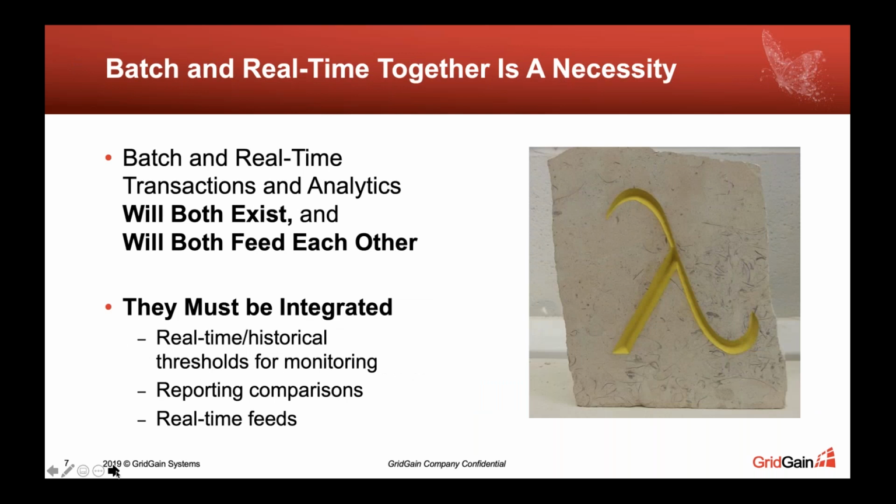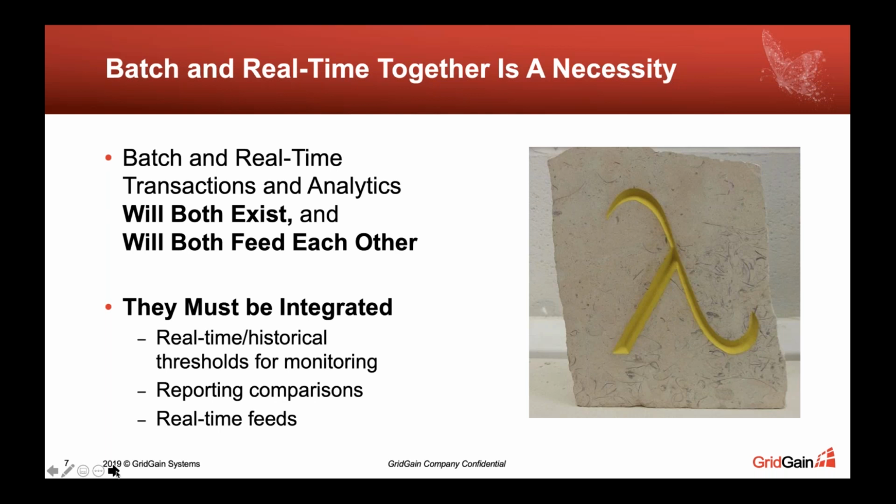And that's the reality. Now, you may remember Lambda architectures. They started about 15 years ago. They're actually a lot older than we all give them credit for. We've actually been doing Lambda for decades.